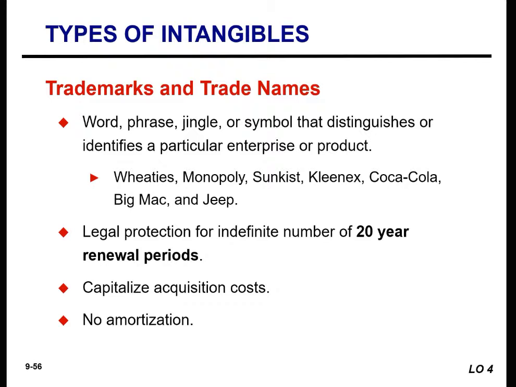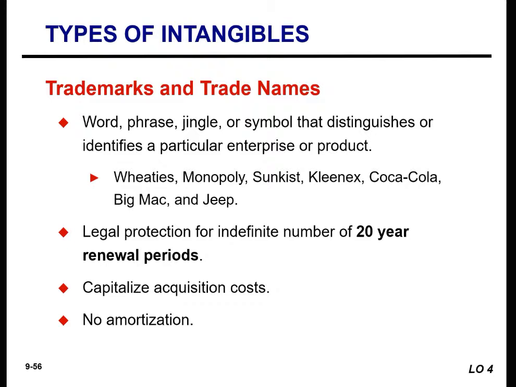The creator or the original user may obtain an exclusive legal right to the trademark or trade name by registering it with the U.S. Patent Office. The registration will provide 20 years protection, and it can be renewed indefinitely.